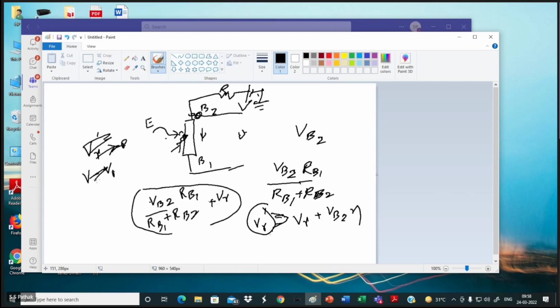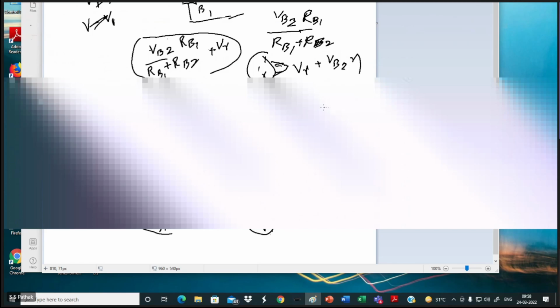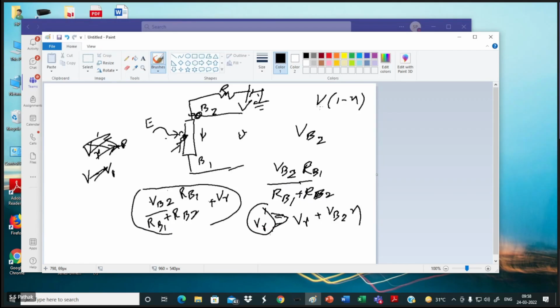In a hurry, I'm not able to reach that place. It will be something like this voltage V into 1 minus eta. I'll do it again tomorrow, because this VP has to be brought into consideration. So it will be something exponential.